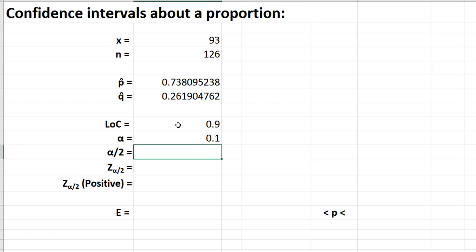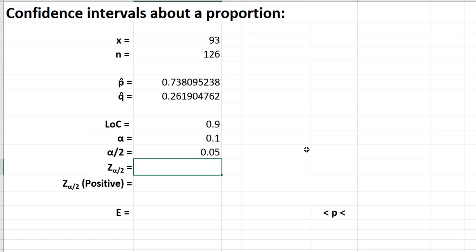Alpha over 2 is simply what it looks like. We divide alpha by 2. I would say equals, I click on the cell that contains my alpha value, and then I would do divided by 2 and enter. Z sub alpha over 2. Well, for that, remember, we use a special function built into spreadsheets.